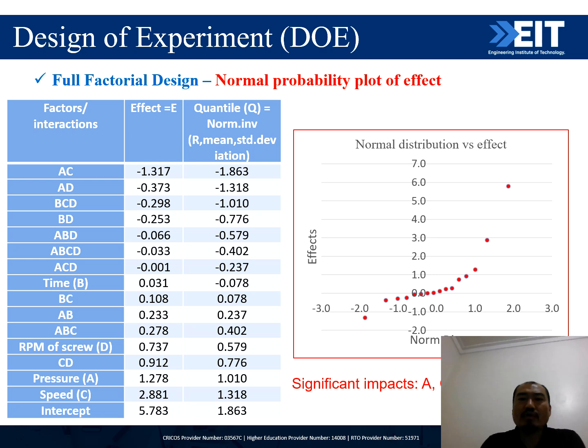By doing so, what we can understand from this plot is that the points or factors which are further away from the normal distribution line will have the highest impact, whereas the points which are nearer to the line will have lesser impact.